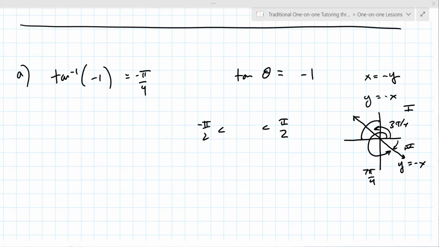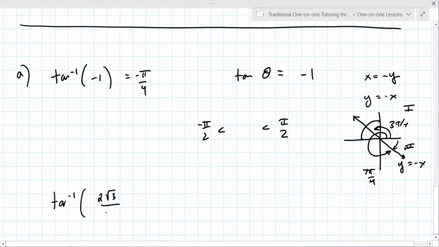So how about this one? What would be the tan inverse of square root 3 over 3? And this one's a little harder.